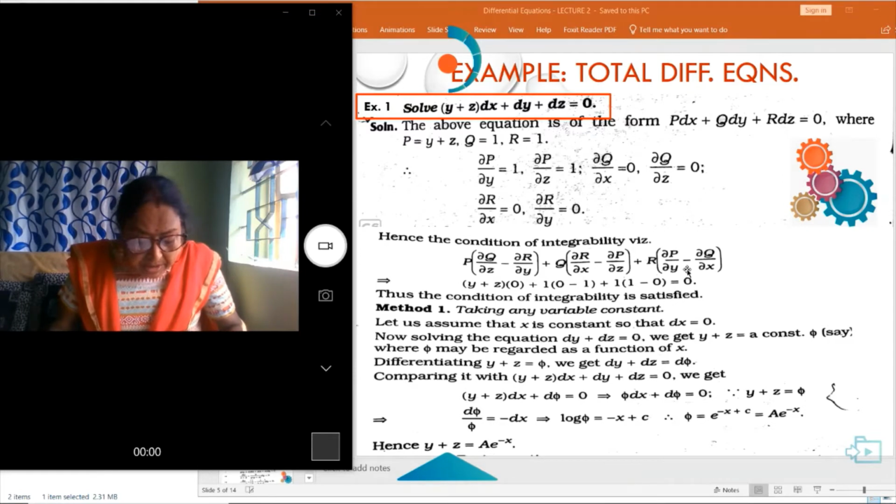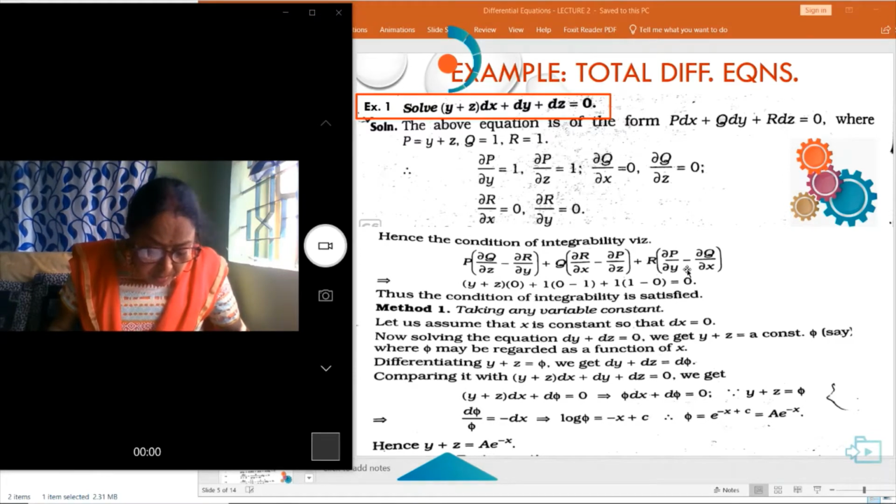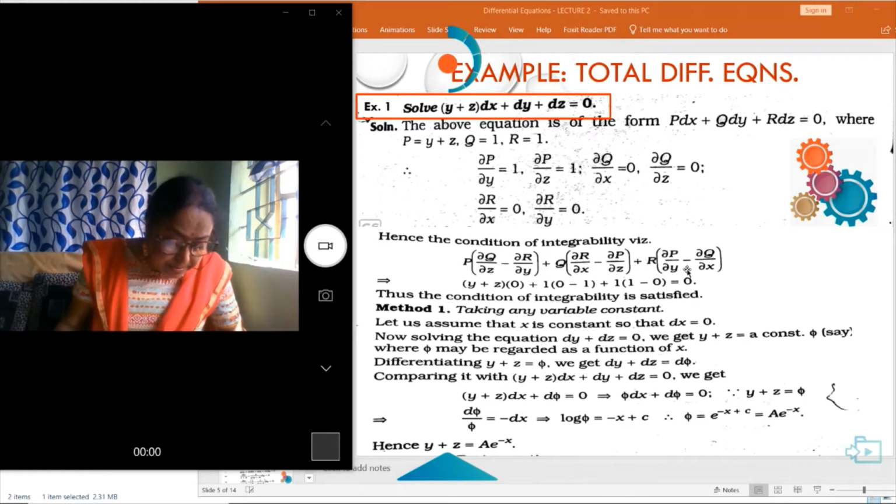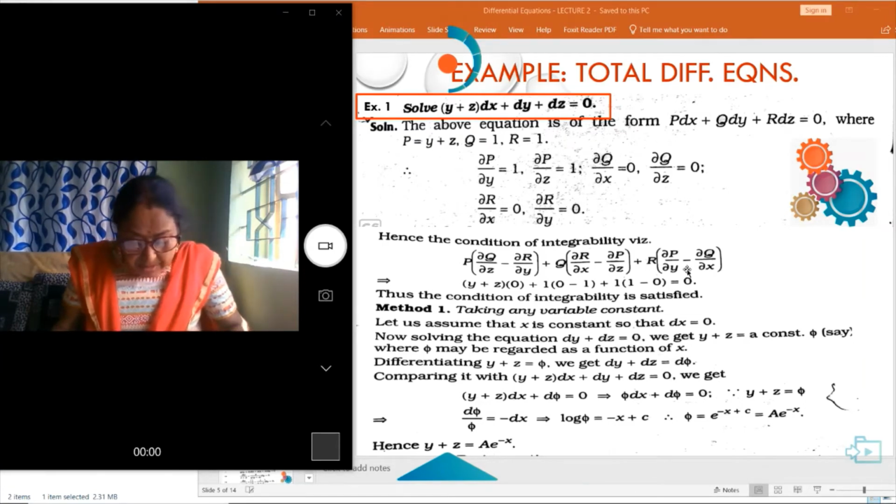So taking y plus z is equal to phi, we say that dy plus dz is equal to d phi. Now substituting these values in equation 1, we get d phi by phi is equal to minus dx, that is log phi is equal to minus x plus c, and from this we get the value of phi.